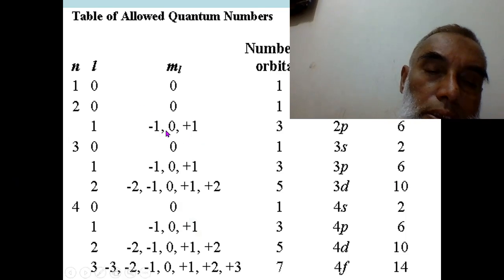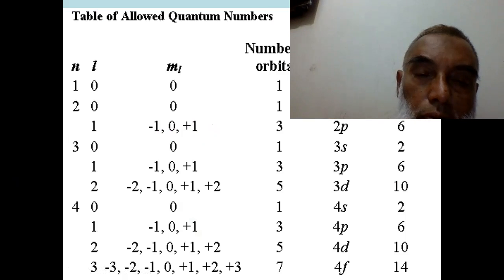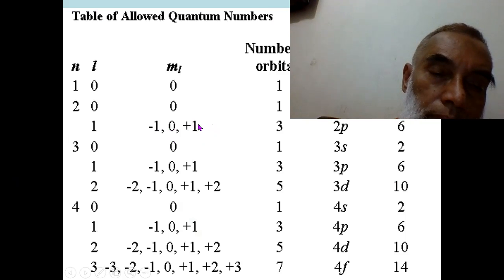These three orbitals have magnetic values -1, 0, +1, and alphabetically one is known as px, another py, another pz orbital.